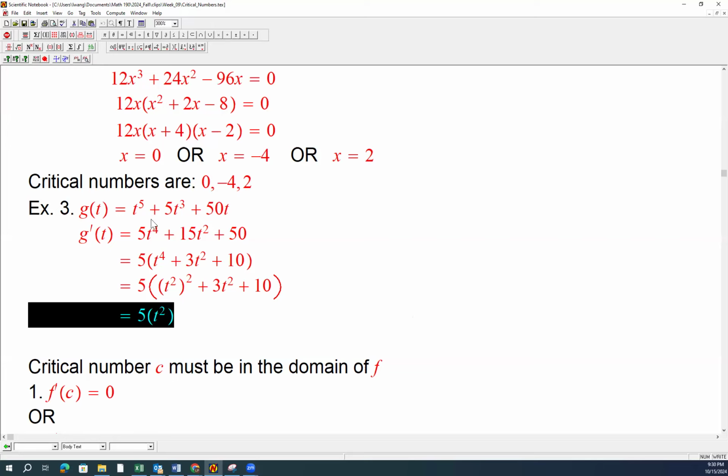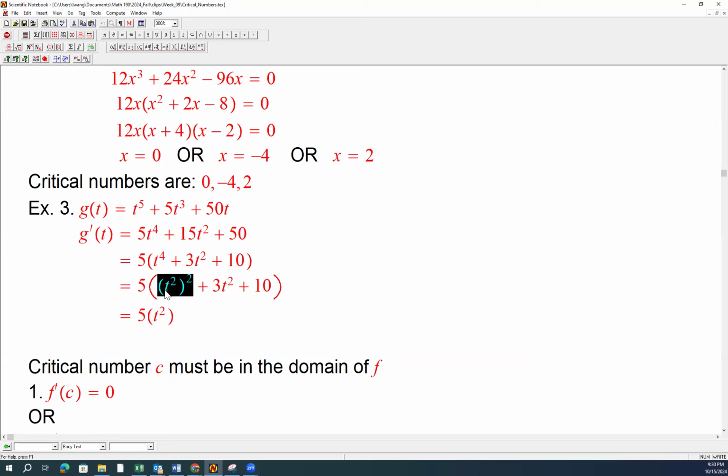I'm double checking. Okay, t to the power 5, t squared, 5 to the power 3 plus 50t. And we got 5 times t to the power 4 plus 15t squared, no problem. I factored out the 5. And I would just bring back the t to the power 4, okay?